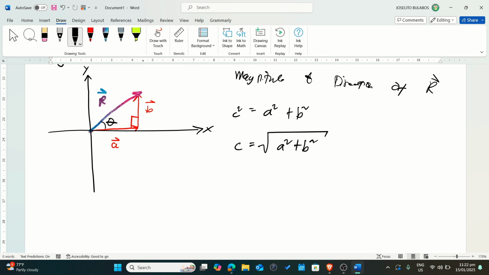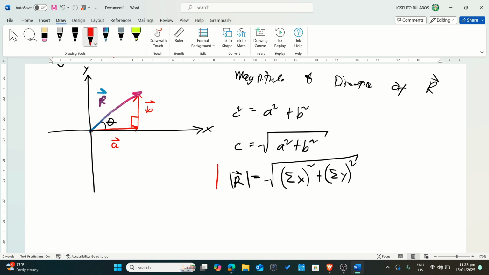So we would say the magnitude of the resultant vector is equal to the square root of the sum of x squared plus the sum of y squared. So this is how we solve for the magnitude of the resultant vector.